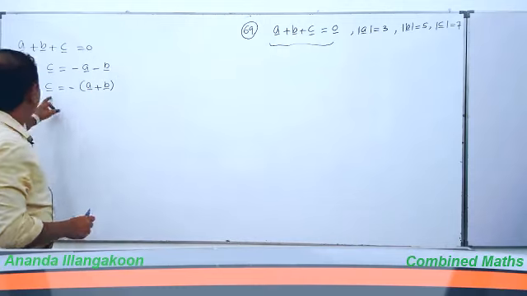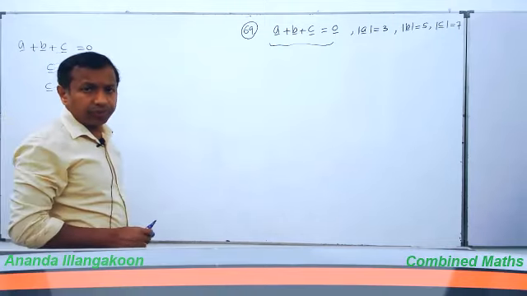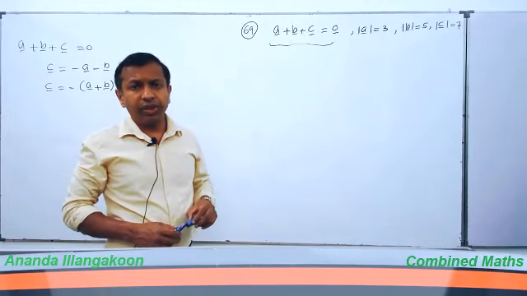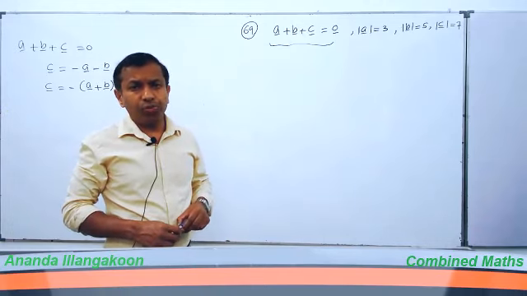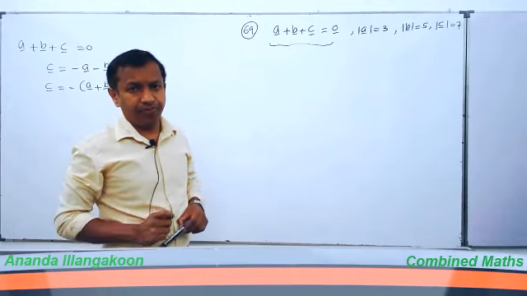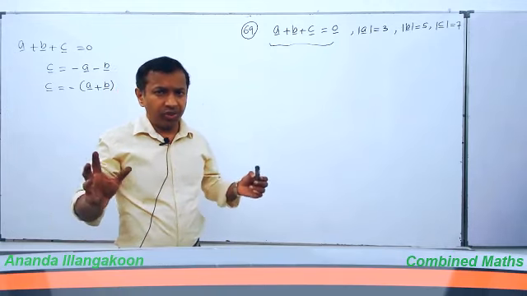Now, this says the left hand side and right hand side vectors are equal, no? On both sides, I am going to take the dot product with the vector C. That's possible to do, no? Left hand side and right hand side, the two vectors are equal.